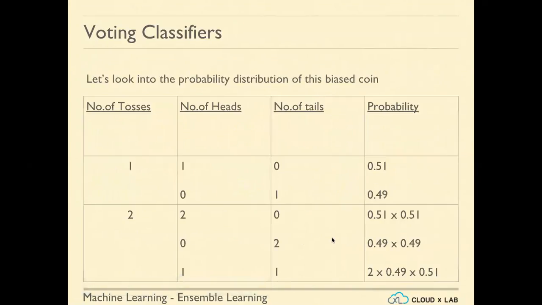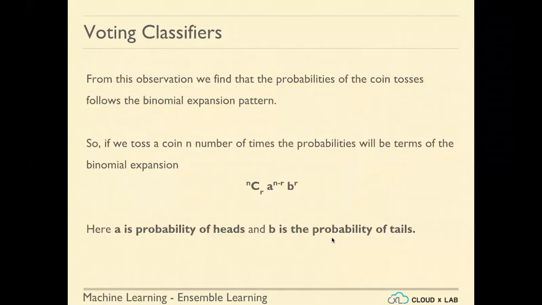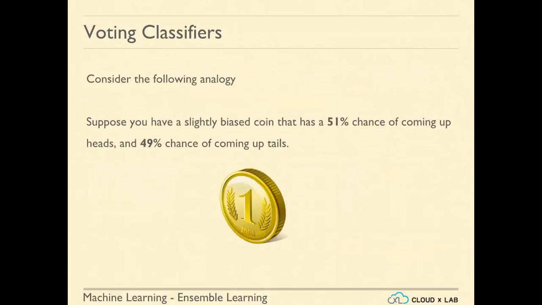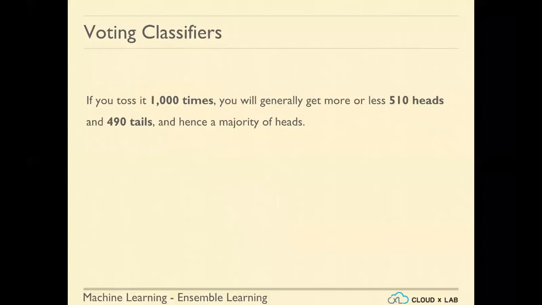All right, so we further tried to prove that if we have a coin which is slightly biased, doing some kind of prediction, biased towards giving the right answer, say a really weak learner which is giving the correct answer 51% of the time, and you have 1,000 such learners lined up, the chance of the correct answer becomes 75%.